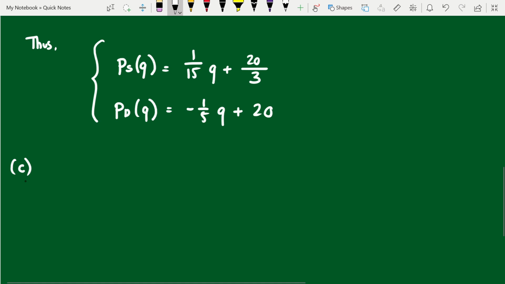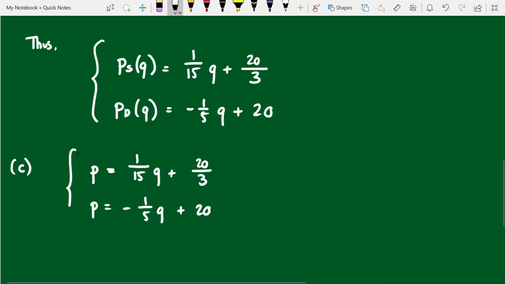That's what we're asked to do in part C. We're asked to solve the system of simultaneous linear equations. I'll write this in a way that makes it slightly clearer what's going on. So I'll rewrite P is equal to 1/15 Q plus 20 upon 3, and P is equal to minus 1/5 Q plus 20. I know we're using a new notation at this moment, but really what we're doing is writing this out in a form with which we're more used to dealing.